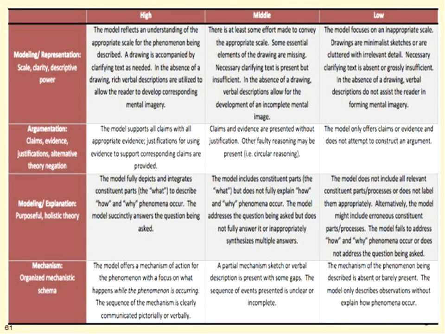With the modeling as it relates to explanation, we see that it's more purposeful, more holistic, and we also look at mechanism, and we see that a high mechanism is more organized and has a schema or mechanistic schema related to it. So I think that, again, this answers partly the question of how to evaluate some of these ideas.